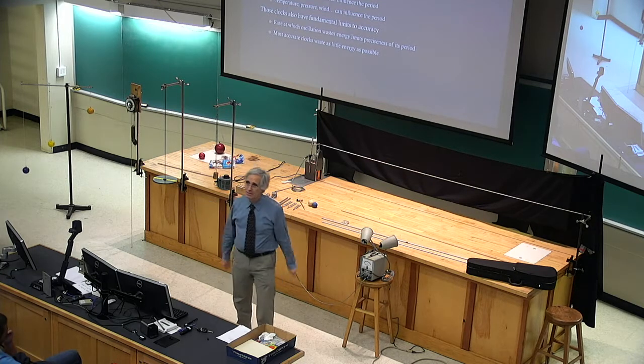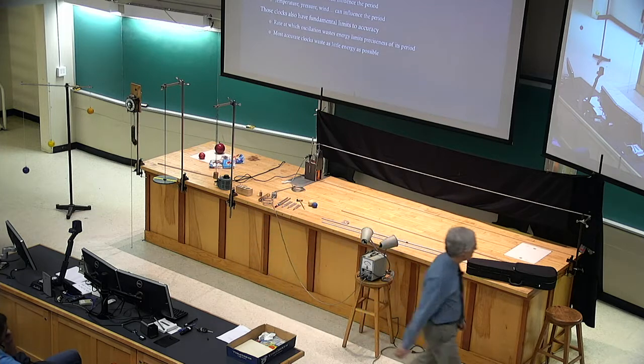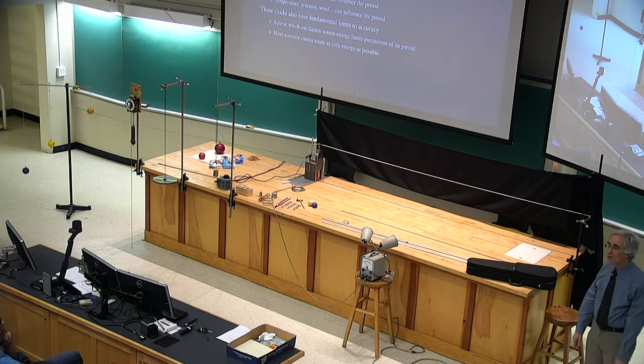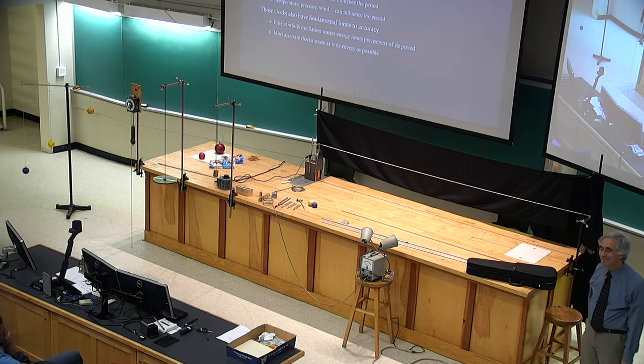I hope this is something that you're familiar with. I didn't really discuss it in the talk about heat and temperature, but it's the case. Stuff gets bigger as you heat it. And the pendulum gets longer when you heat it, and that means it runs slower. So if you make a pendulum clock without any care, it will run slower in the summer than it will in the winter because of the differences in temperature. You okay with that idea?